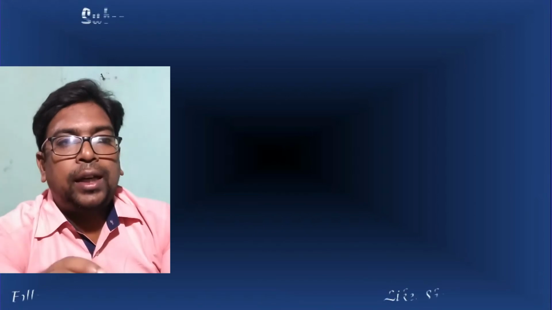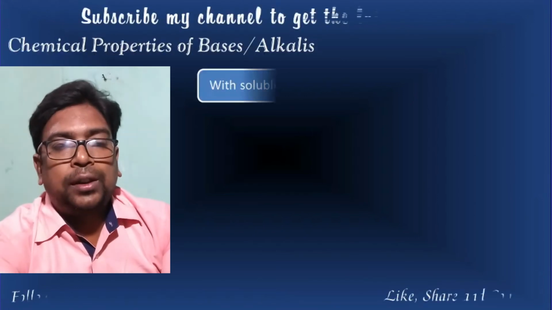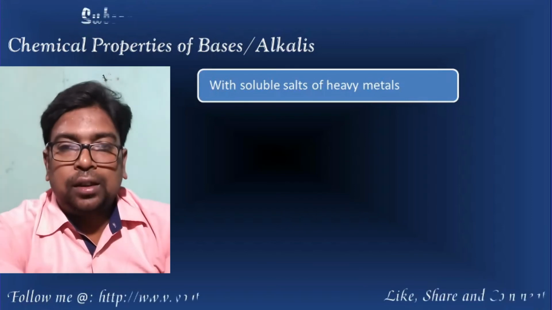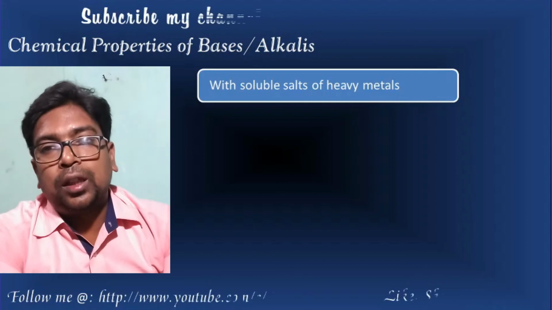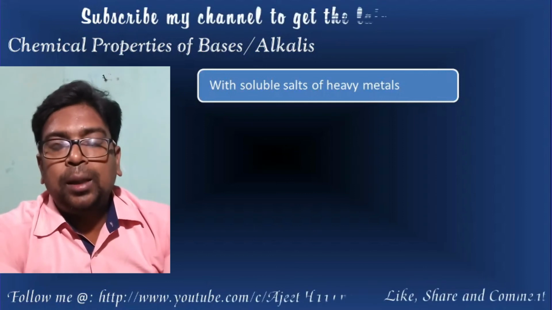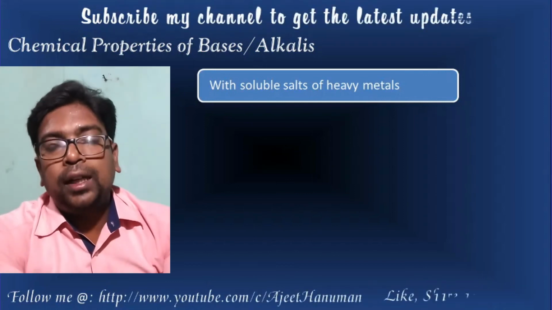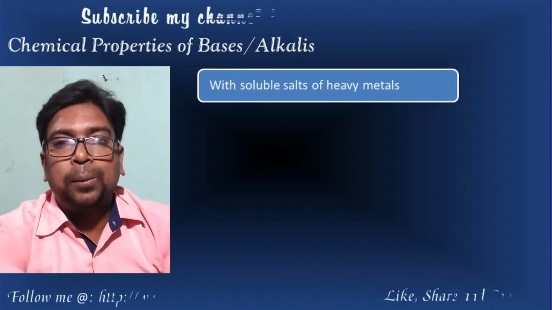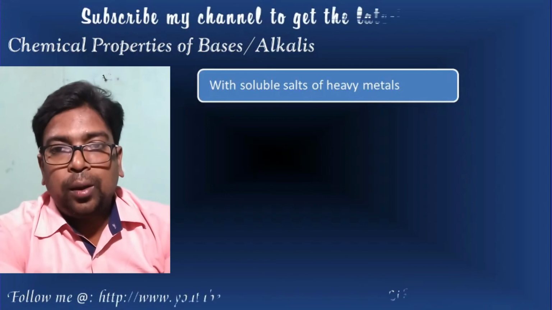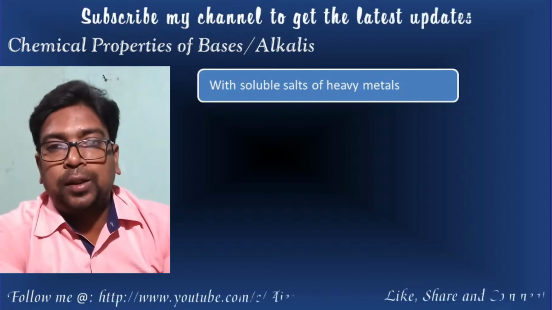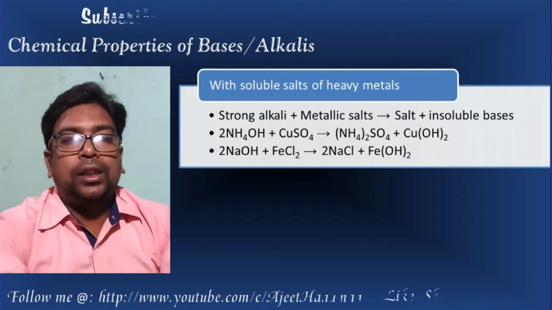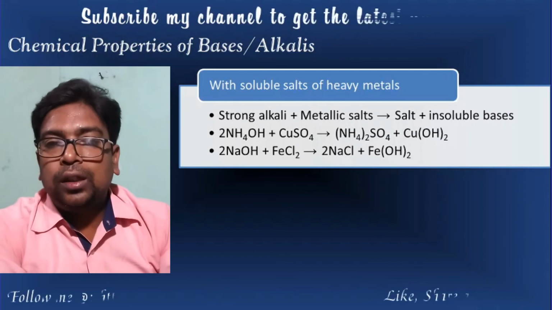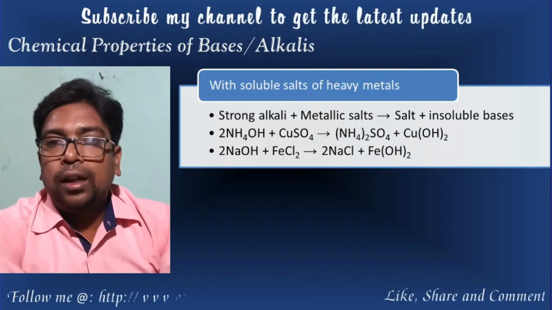Now the next chemical property we will see is the reaction with soluble salts of heavy metals. When alkali reacts with soluble salts of heavy metals, they produce the corresponding metallic hydroxide, and most of the time this comes out as an insoluble precipitate. The hydroxides of heavy metals are insoluble precipitates. So you can see here strong alkali when reacting with a metallic salt, a salt is formed, along with an insoluble base.